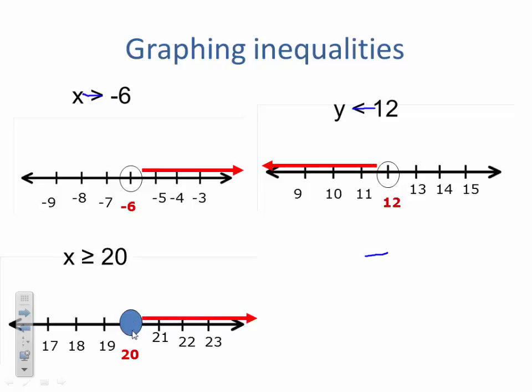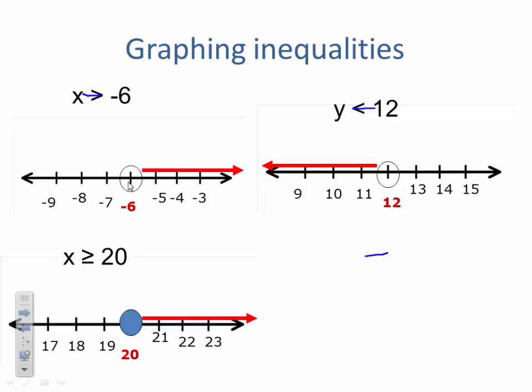Why is this circle filled in? It's filled in because could we say that x could be 20 and numbers that are greater than 20? Yes, because it's equal to. So are we counting 20 here? We are. Up here, this was an open circle. Are we saying this is x is greater than -6? Are we counting -6? No, it's got to be greater than -6.